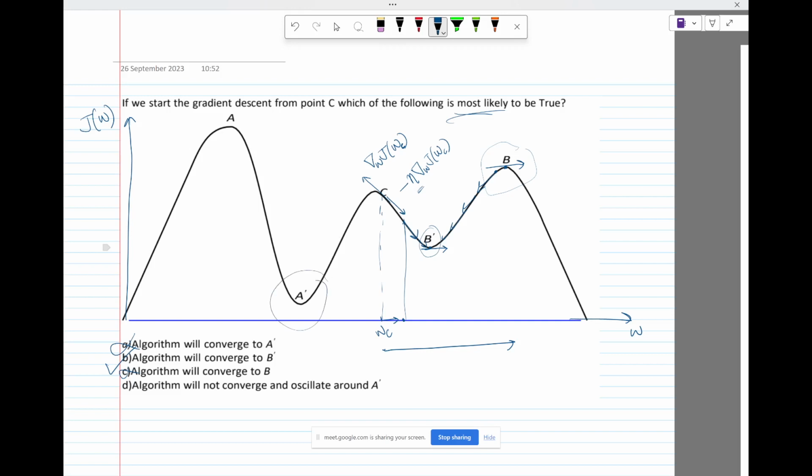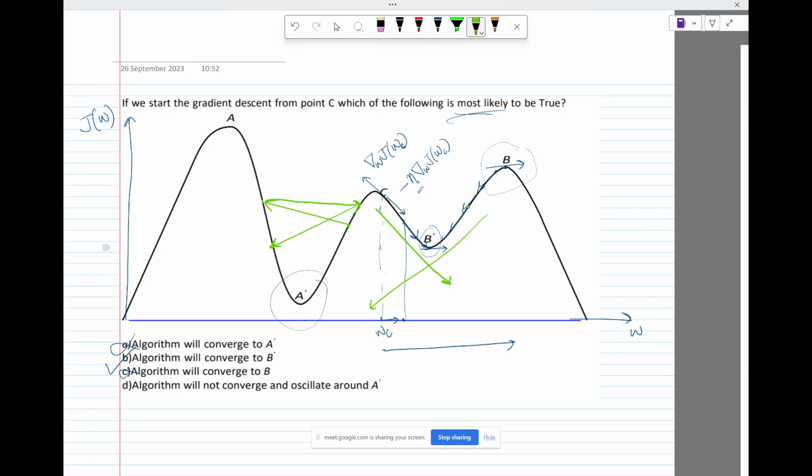It can happen if you take a big step in this direction, you reach here, and then you take again a big step and you reach here. And now because your learning rate is high, you may oscillate like this or something like that, if your step size is too big or in a certain range.